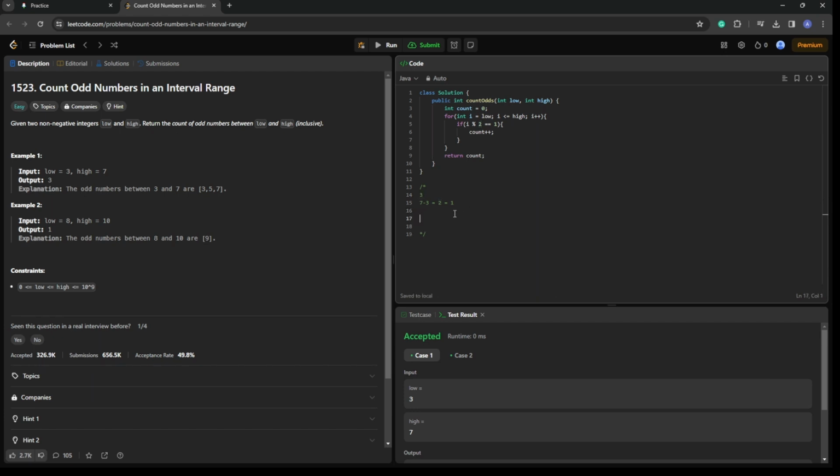If we do 10 and 8, we know those are not odd, right? And we do 10 minus 8 is equal to 2. That means we can only choose one value. But let's say we do, maybe if it's even. Let's see.